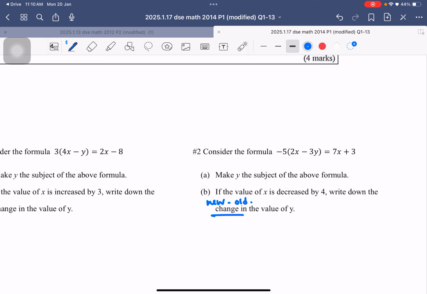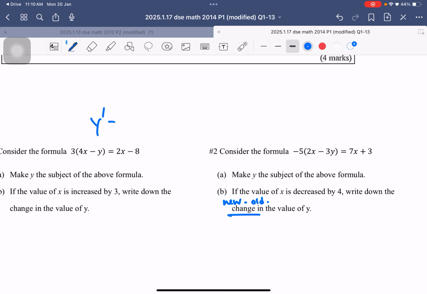And some of you just write y prime is equal to y plus 10. Did you give me the answer? Did you say the change is increased by 10? Yes, you need to write down the answer.